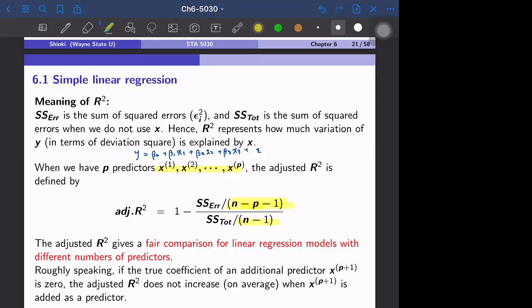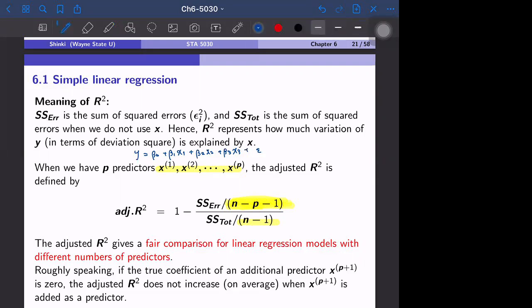For example, if we have 100 observations and 99 predictors plus intercept, then we can explain everything unless the predictors are linearly dependent. So in such a case, the R square isn't really a good measure of overall fit. So we make the denominator n minus p minus 1 smaller when p is larger, so that we can calculate an appropriate measure of how much X can explain.